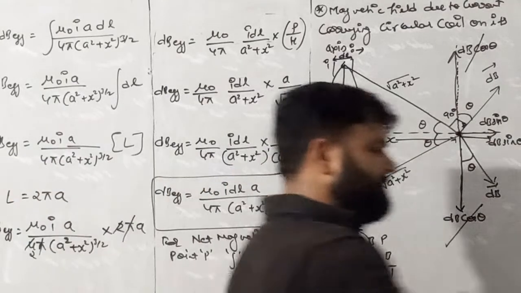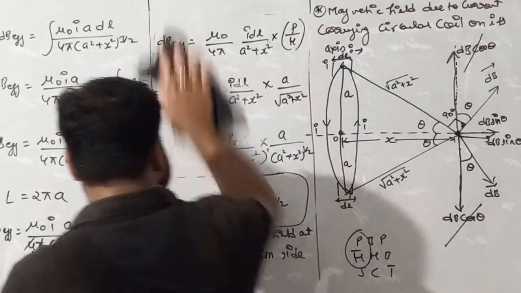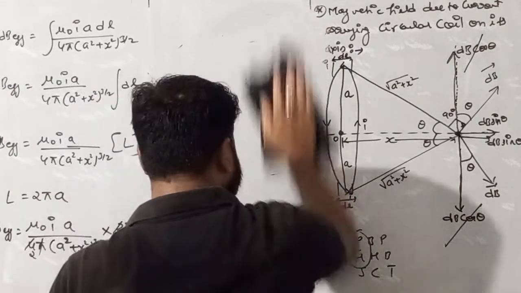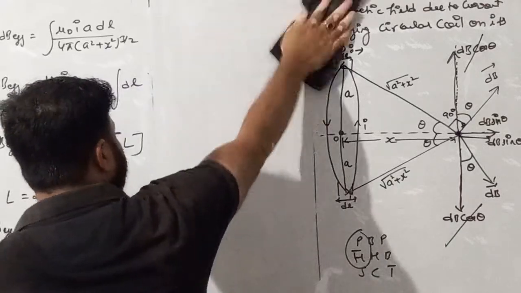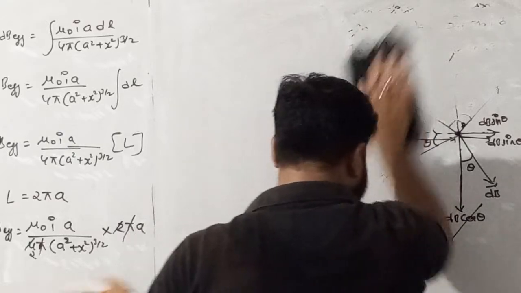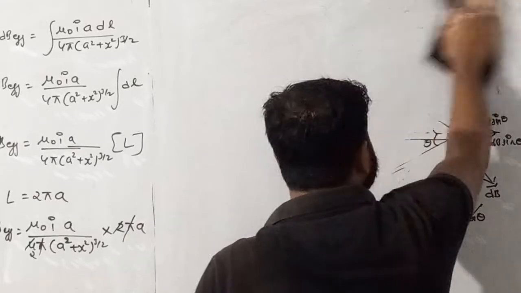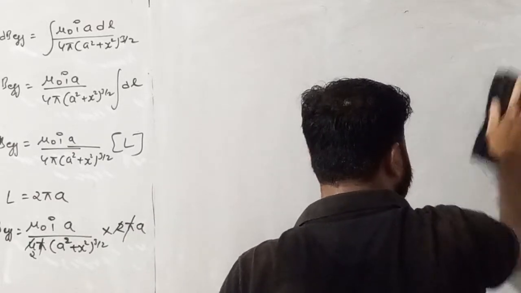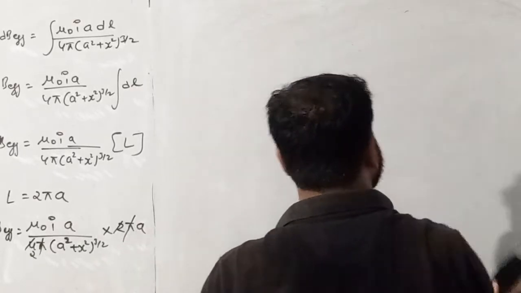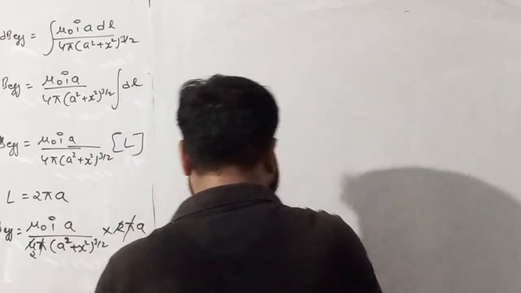So B effective becomes equal to, write it down, the value of B effective is, I am rubbing each and every part of the board. I hope you all understand. Similar derivation will be performed by us in electric field as well, my dear student. So I hope you have revised that concept as well.